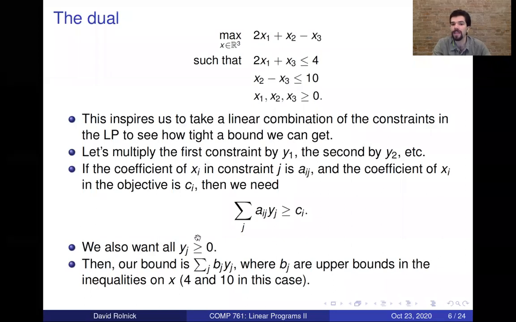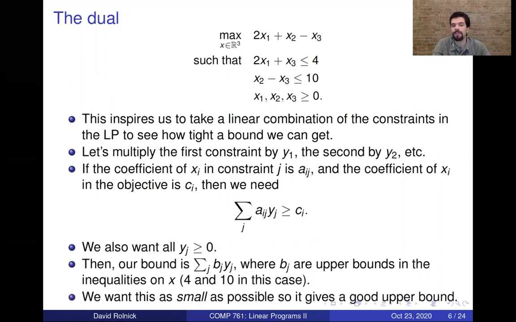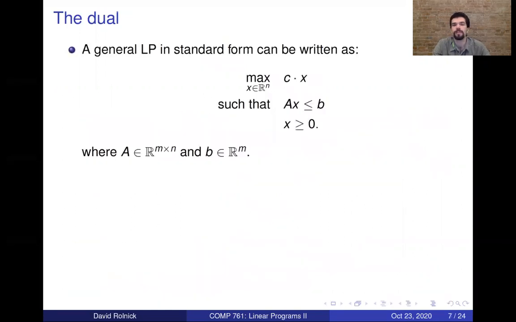So we want to satisfy these and minimize this for some setting of the yj. That really looks like a linear program. Find some yj that are minimizing this subject to these constraints. And again, we want this to be as small as possible, minimizing this. So this is the dual linear program.